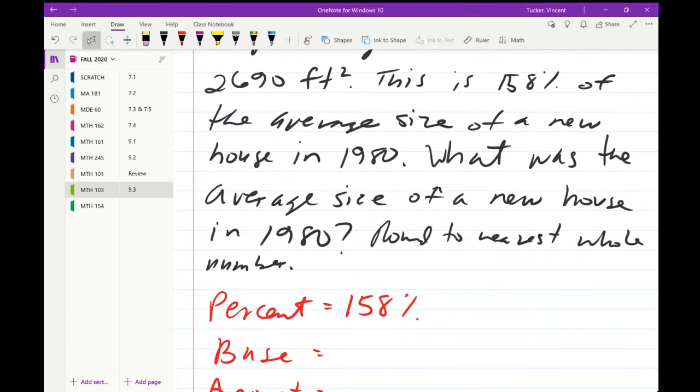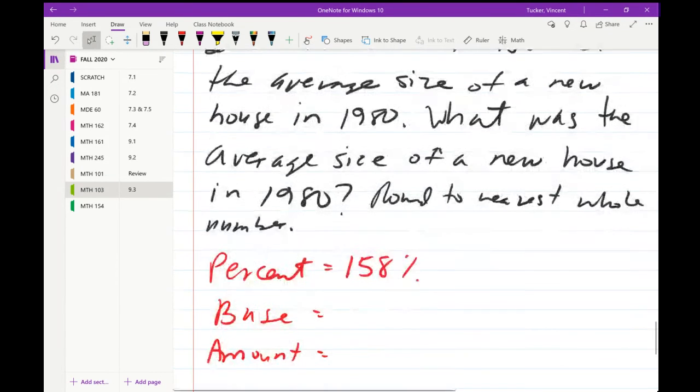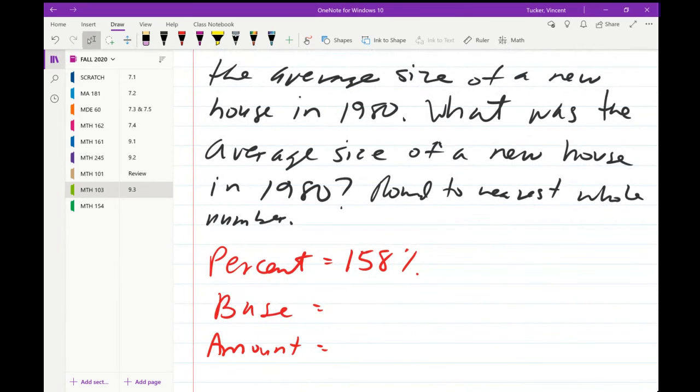It says the 2690 is 158% of the average size of a new house. So what was the average size of the new house? Whichever one's connected to the percent, that's normally your amount. And it's 158% of an amount that we do not know.